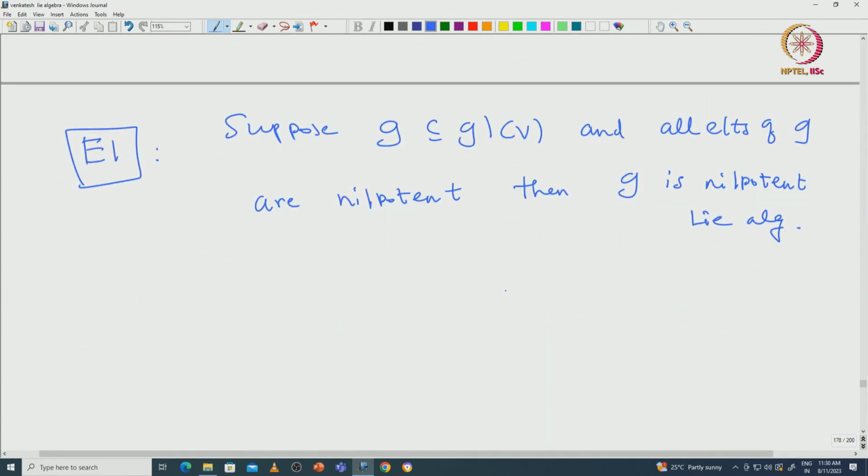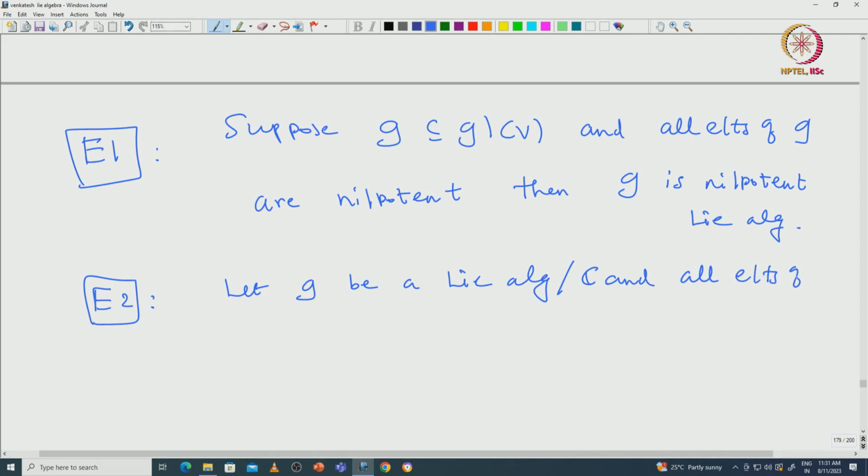For example, why does E1 imply E2? Let me call this E2: let G be a Lie algebra, not necessarily a linear Lie algebra, and all elements of G are ad nilpotent.